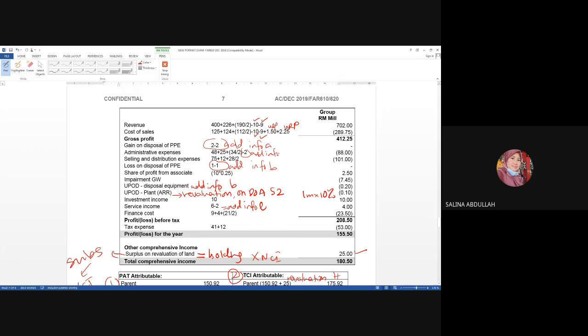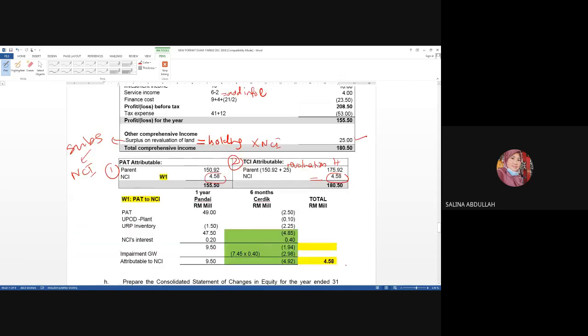This is as well info E, because from the point of view of the service provider, it is income, and from the other company's point of view, it is expenses. So you will eliminate both 2 million from additional information E. So this is how you prepare PAT.